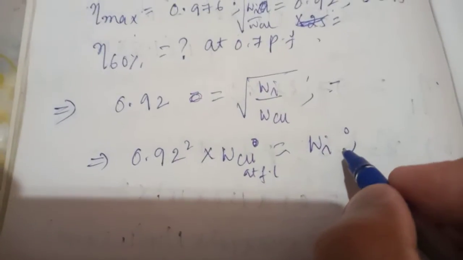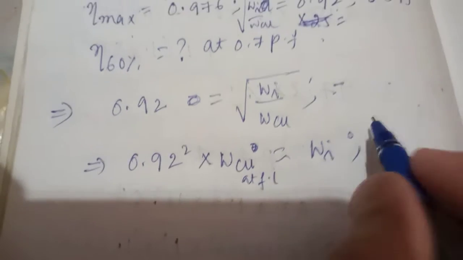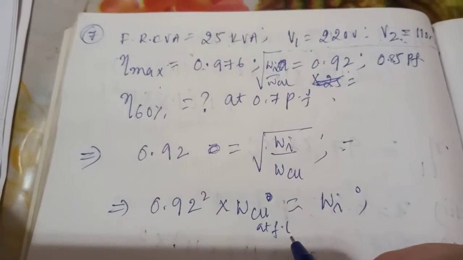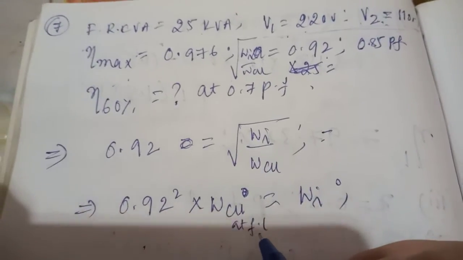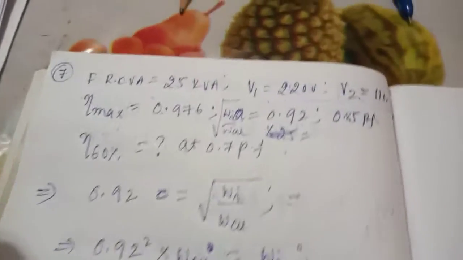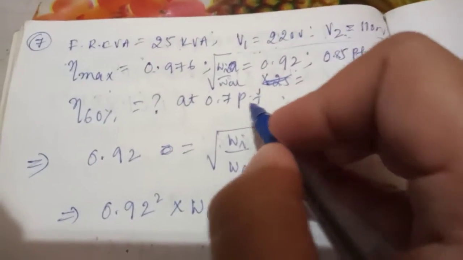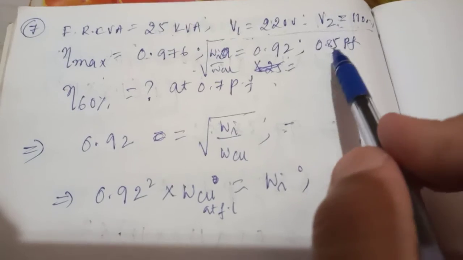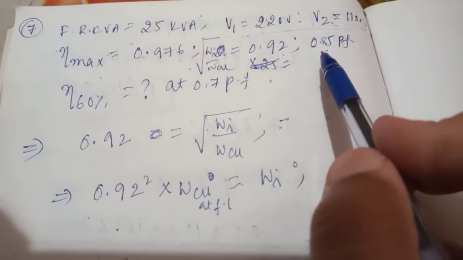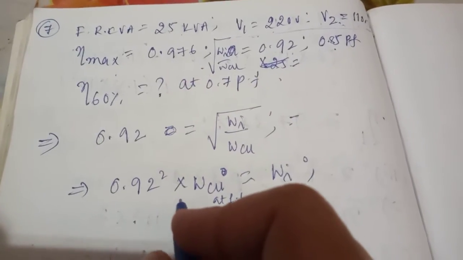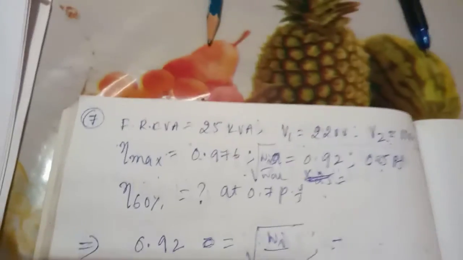This is one link I have got, but I don't know Wi also, I don't know WCU at full load also. What else they have given? Anything else they have given? Yes, they have given the maximum efficiency with power factor also. Maximum efficiency at power factor. At what load is the efficiency maximum?